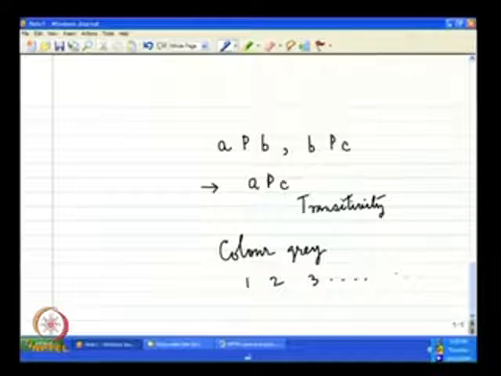Then he is asked, do you like 2 to 3 or vice versa? He will say again, they look almost the same to me. So this way it goes on. Suppose now 40 and 41. Again he will say, I am indifferent between 40 and 41 because they look all the same to me. But now when the individual is asked, do you like the first shade of gray to the 41st shade of gray?